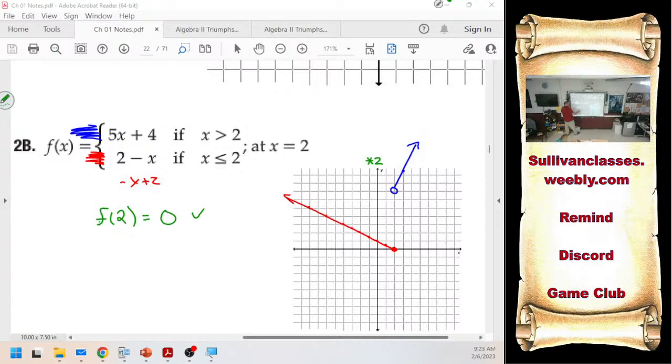So it fits the first part, but my limit to 2 is, the limit doesn't exist because as left side goes all the way to 2, it approaches 0. As right side heads to x equals 2, it approaches 14.